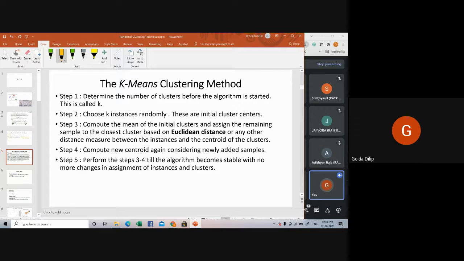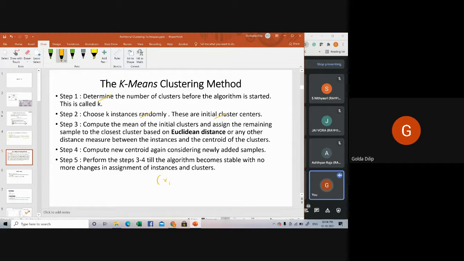This was K-means clustering, which we discussed before. We determine the number of clusters, called K, before the algorithm starts. Choose K points randomly; they become the initial cluster centers. Compute the average of the initial clusters, then assign the remaining samples to the closest cluster based on the Euclidean distance.